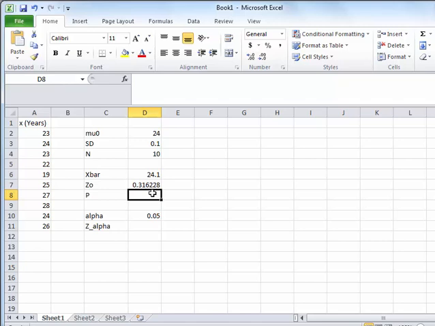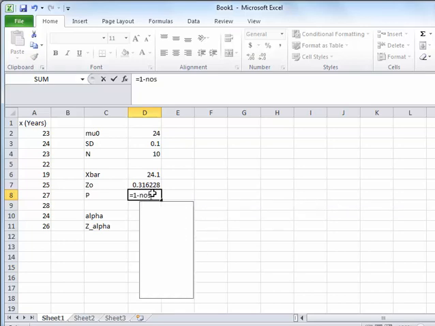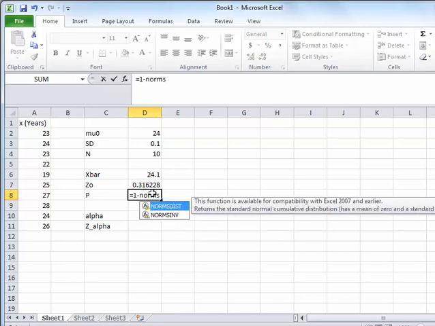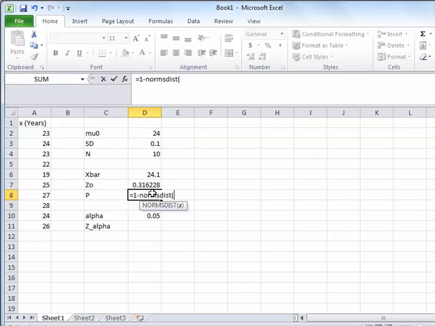So first we're going to calculate the probability, and again, it's equal to 1 minus norm S dist of our z naught value. And we get a pretty high probability.